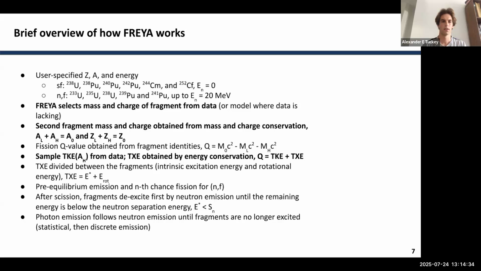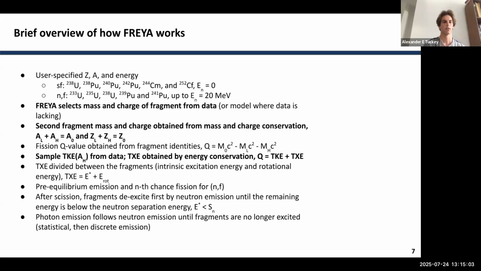Currently, FRIA supports these 6 spontaneously fissioning nuclei and these 5 neutron-induced fissioning nuclei up to 20 MeV. There is the potential to include photofission, which is another type of induced fission, but it's caused by a photon instead of a neutron. But that is also work for the future.